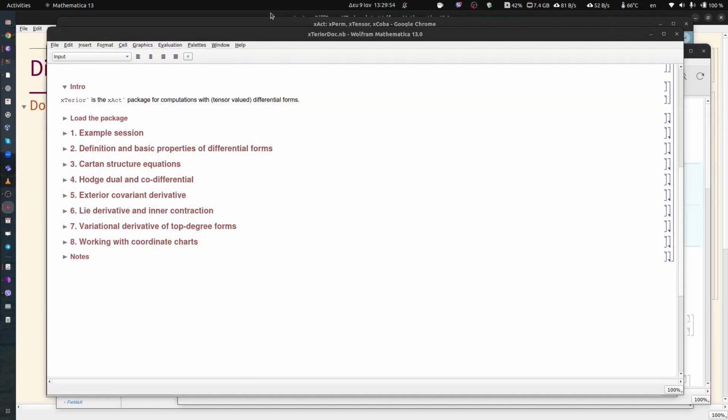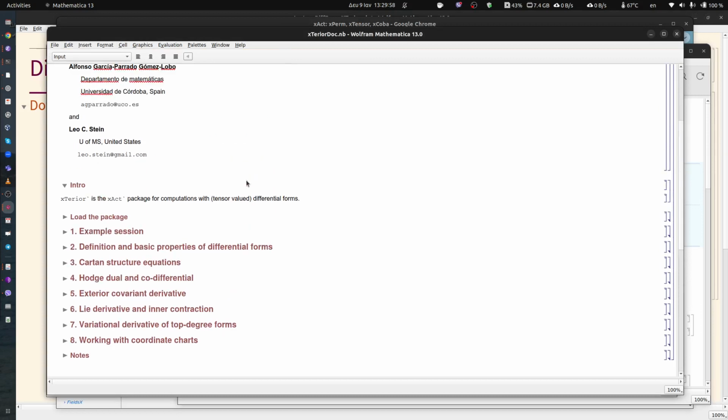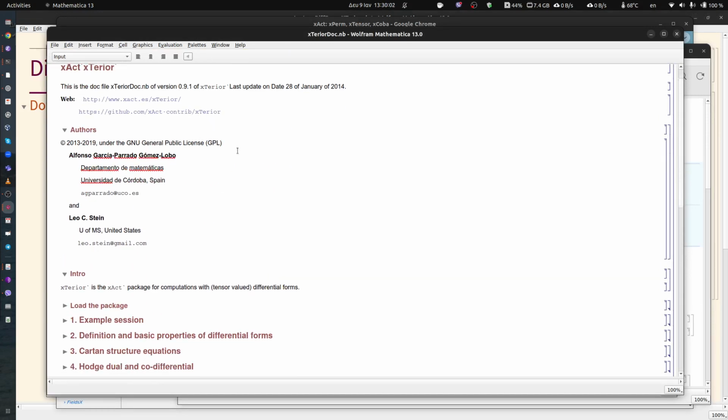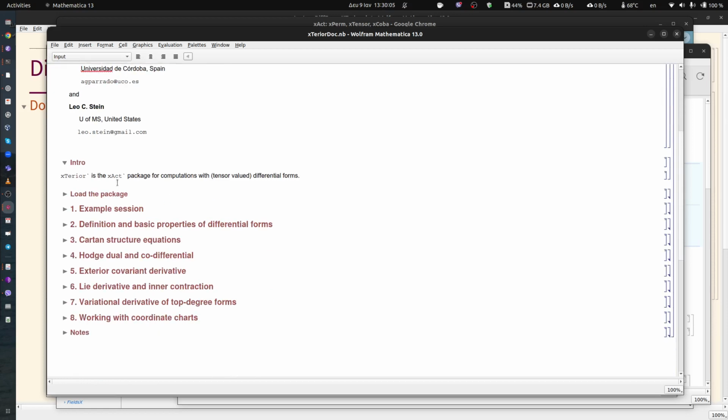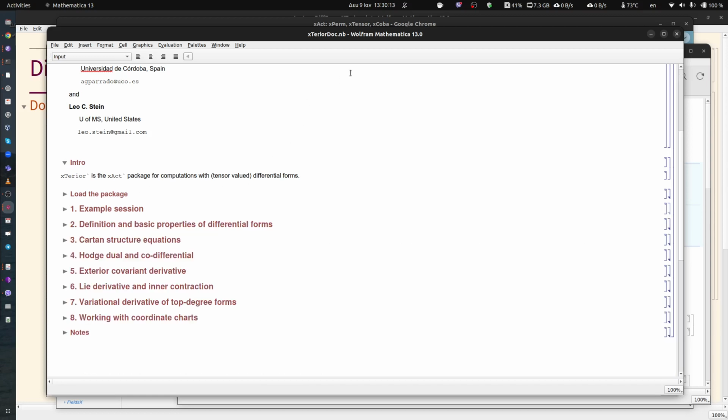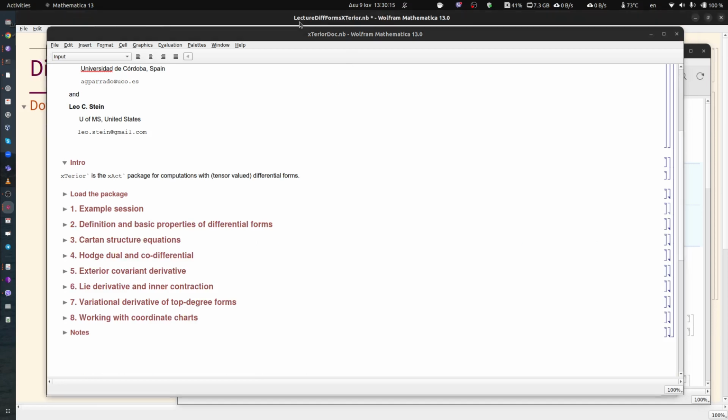These are examples that will help you in your search. And then if you open those notebooks with Mathematica, you will see this for the main documentation of xAct. It has a simple structure here to read in chapters, which has the description of every available function, and some simple examples.